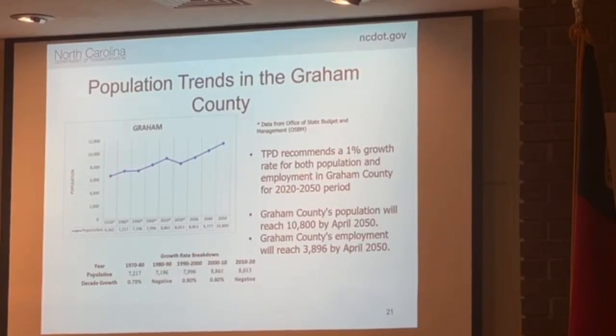From 1970 to 80, on average each year we have about 0.8% growth. 1980 to 1990 was negative. 1990 to 2000 and 2000 to 2010 were positive, and on average the population grows by 0.8%. And we think that in 2010 to 2020, although the population dropped, we are expecting to see growth from 2020 to 2050, and for that reason, excuse me.